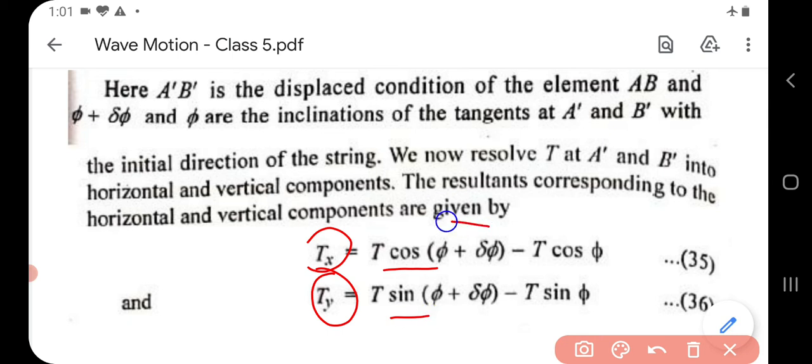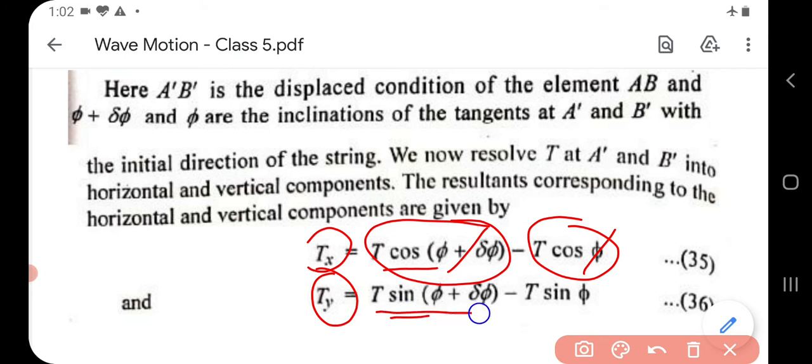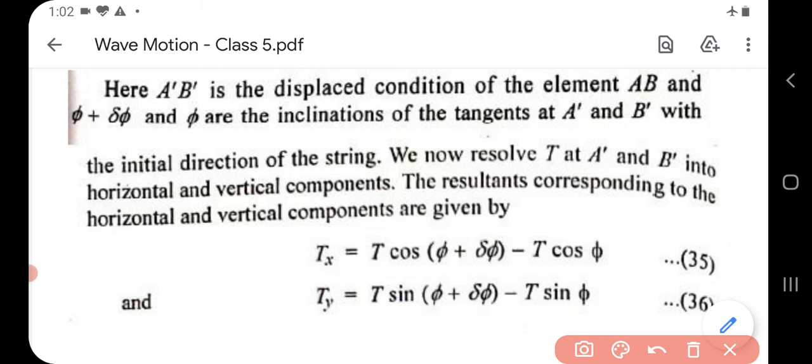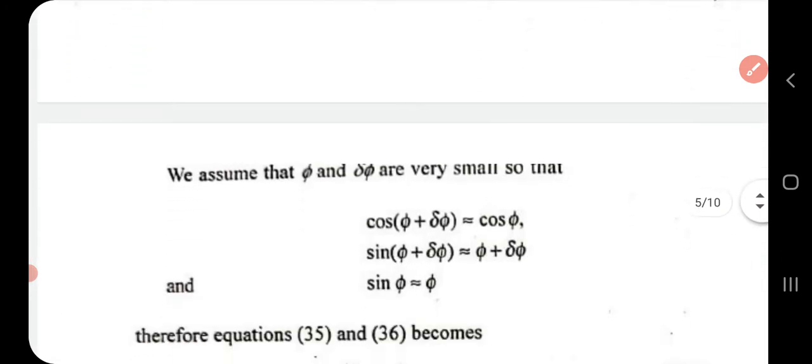So it is actually the displaced portion minus the original portion. This is the inclination at A dash, inclination at B dash. So again displaced minus original. This is also displaced minus original. So you got the two components, horizontal component and vertical component.